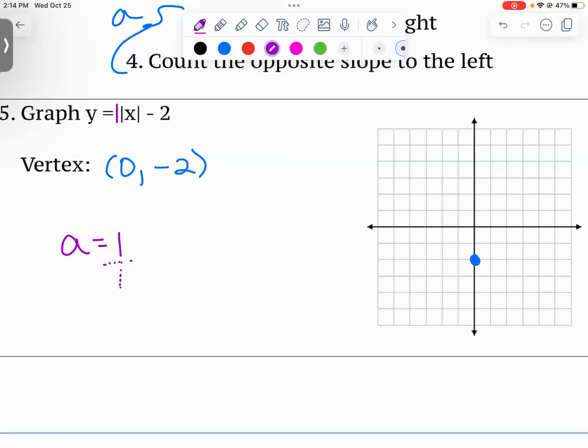Up 1, right 1, up 1, right 1. There is half of my V. Then we're going to do the negative slope on the left side. Up 1, left 1, up 1, left 1, to make the other half of our V. Boom, done.